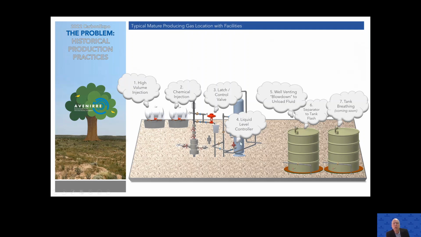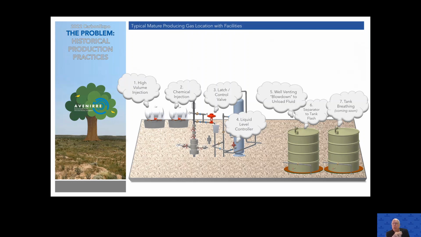You can have liquid level controllers, which use natural gas pressure to actuate and remove the liquids from the separators. You can blow down the wells to unload fluid, but you throw that to the atmosphere and the liquids to a flash tank. But then there's tank breathing itself, just over a normal course of temperature and pressure fluctuations in the atmosphere, which could cause tanks to offload gases to the atmosphere.